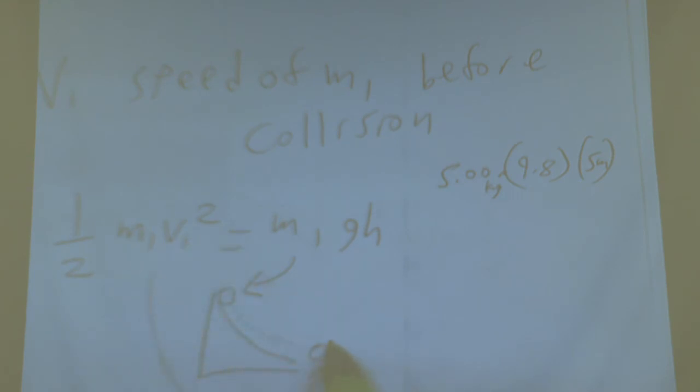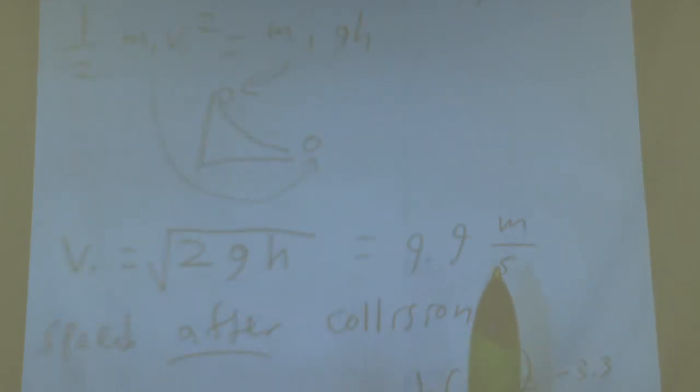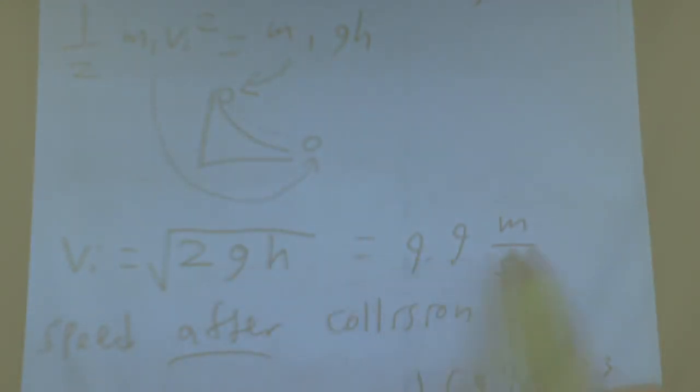All right? So mass 5, height 5, gravity 9.8. So we can plug that in. We can get that. Okay? We solve for v, because that's what we want. Radical 2gh, 9.9. All right.